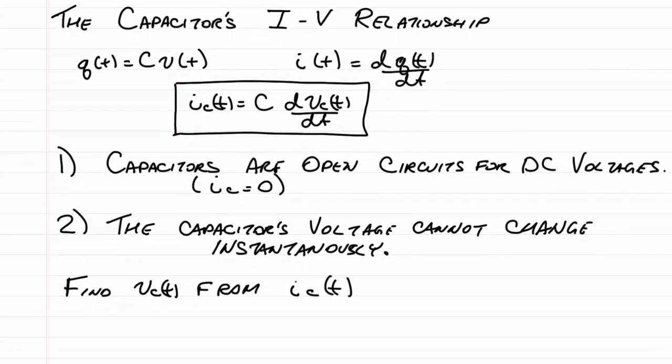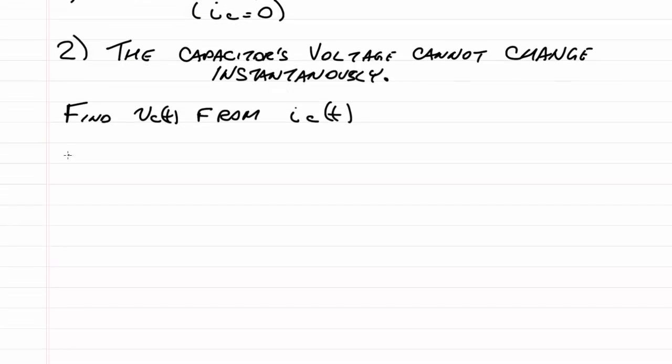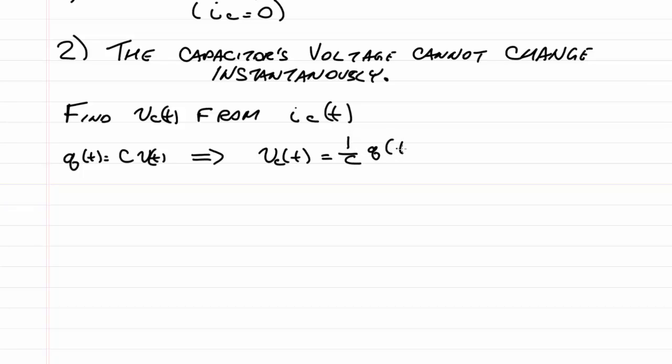An alternate approach is to go back to the basics and recall that the charge as a function of time is equal to the capacitance times the voltage as a function of time, which we can always rewrite and say that the voltage across the capacitor as a function of time will be equal to 1 over C times the charge as a function of time.